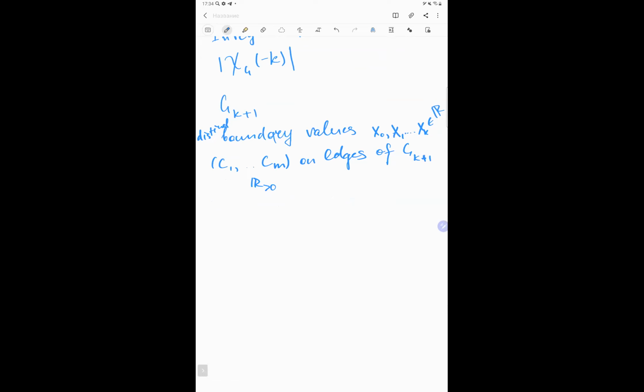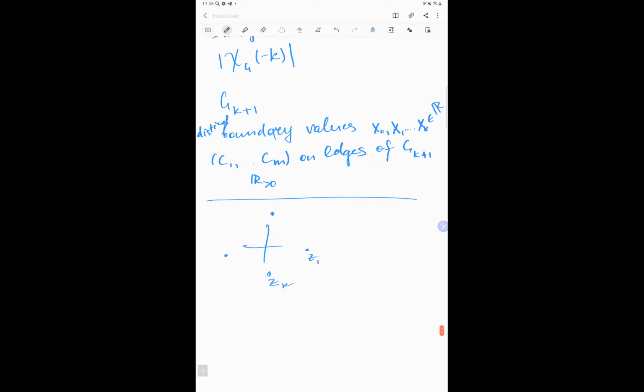So a little talk on the Dirichlet problem on a graph. We have a graph with some boundary values, for example z_k, and so on. And we have conductances. Conductance is inverse to resistance.